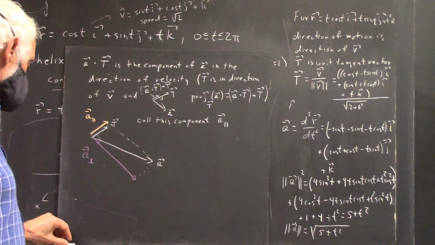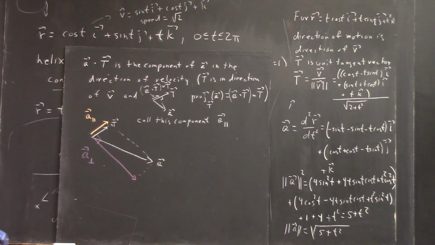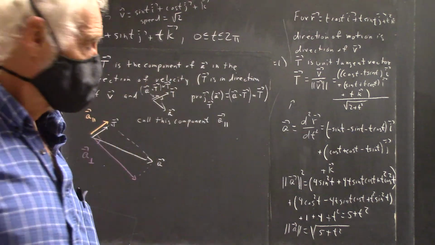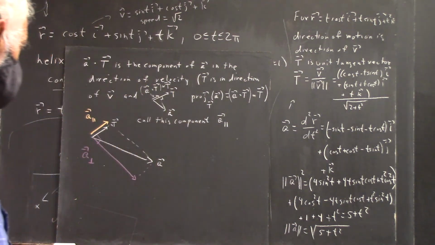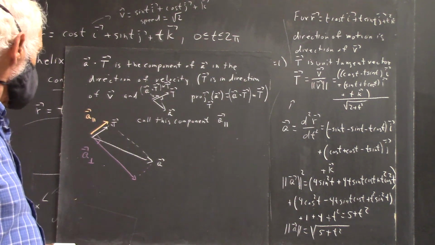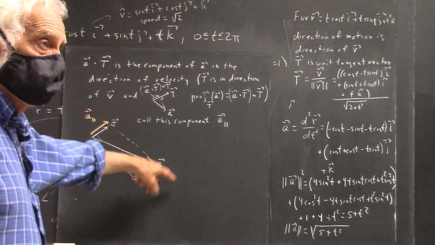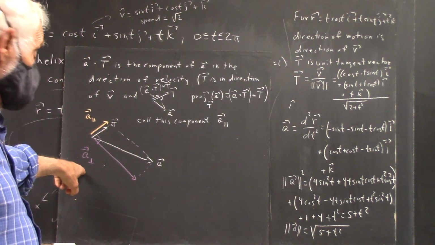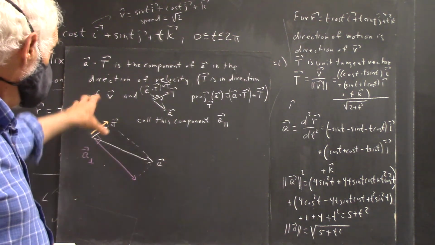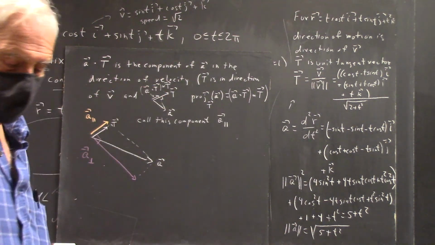Now I'm going to turn the video off and we'll talk about this. While I'm making the hike all the way over to the video camera, I want you to write down, in terms of the symbols in this picture alone, what A perpendicular is. A perpendicular equals what combination of vectors that you see in the picture?